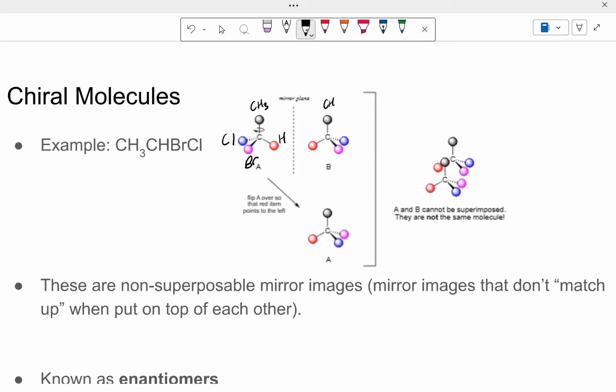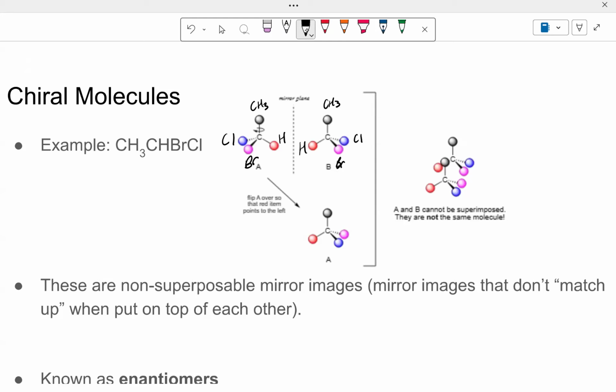So we have CH3 and then hydrogen, bromine, and chlorine. Now we can take those two molecules and have them look like they're looking in a mirror. The hydrogen sticking out into the mirror, the methyl group is going up, the bromine's coming out at you, and the chlorine's going away from you. Okay, so those two things are mirror images.